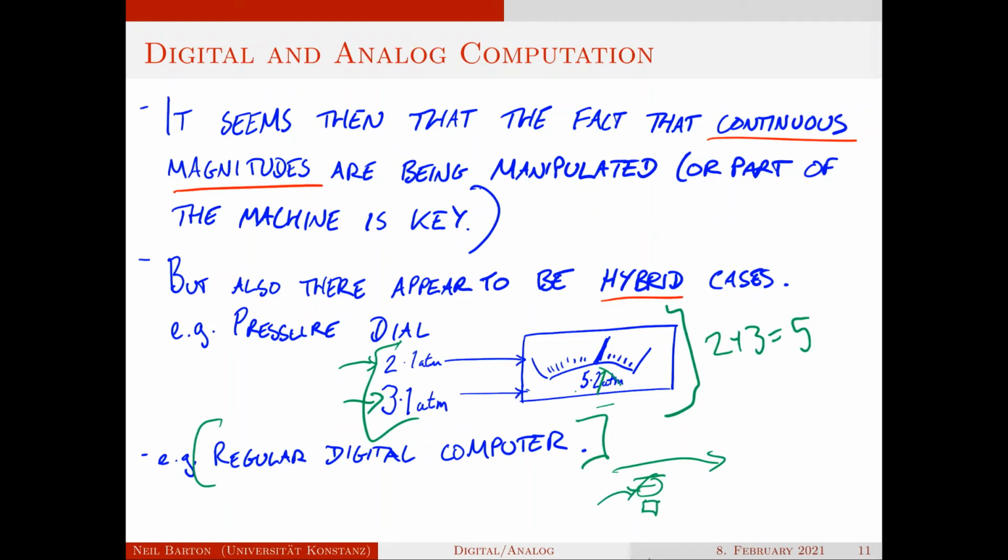It's unclear, just via the description of a physical object, whether that thing should count as an analog computation or a digital computation given different descriptions.